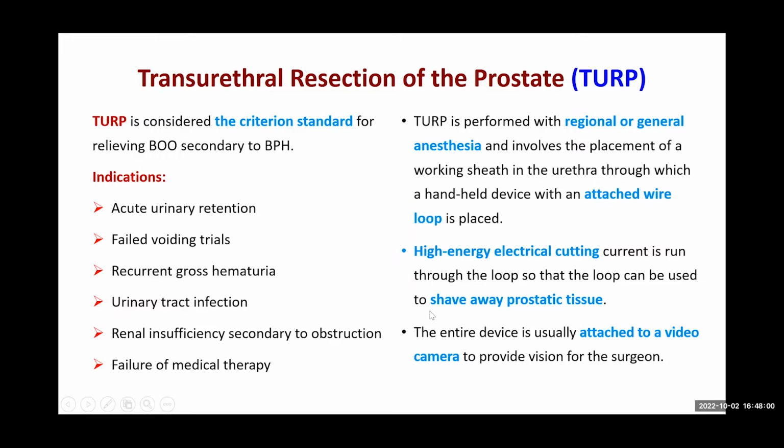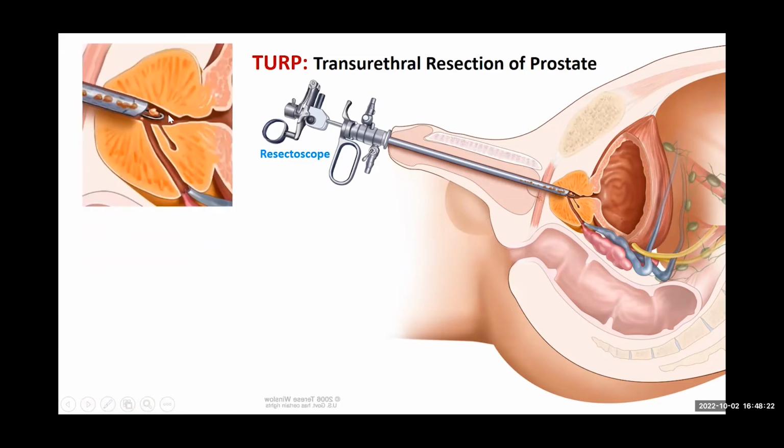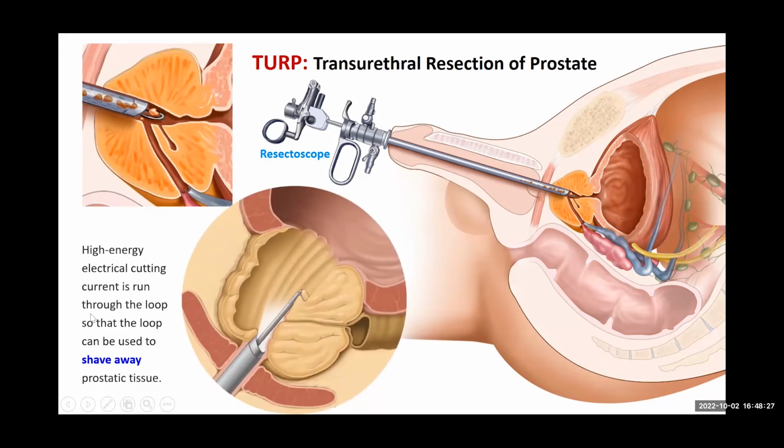We have this device. Firstly, it is done under general or regional anesthesia. Then we have this high energy electrical cutting device, which is this one. It is known as a resectoscope. So you pass it through the urethra and you reach the prostate, and it has a wire loop at the end. So this is a blown up view of the wire loop, and with the help of this, you shave off the tissue. You see, high energy electrical cutting current is run through the loop so that the loop can be used to shave away the prostatic tissue.